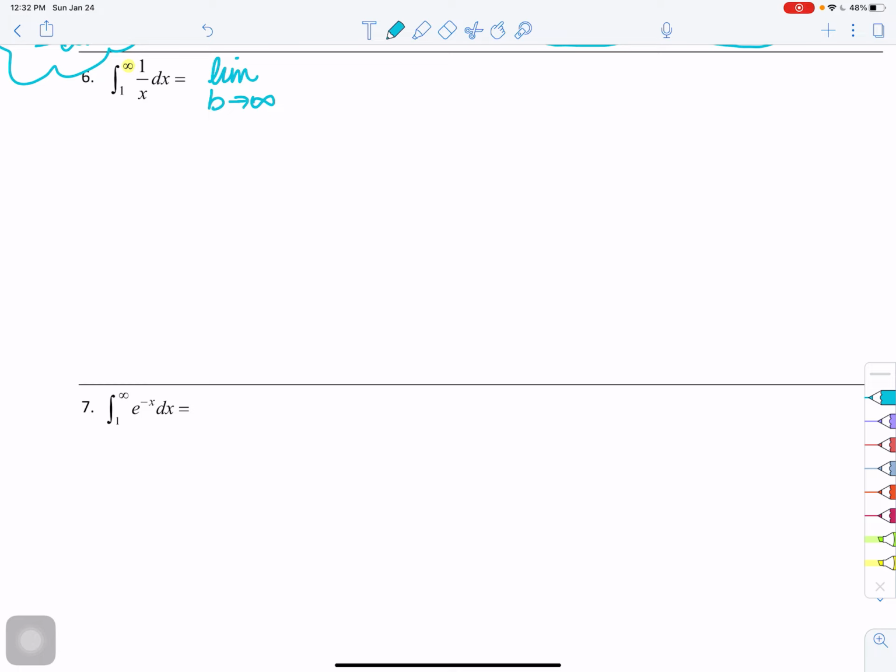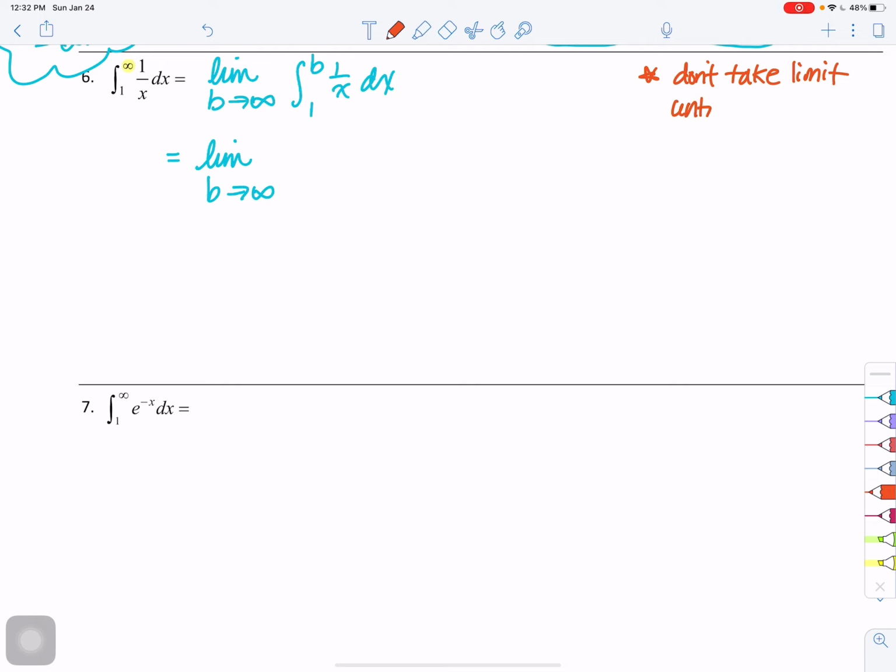And so now we will have the integral from 1 to b of 1 over x dx. And that's equal to the limit, and keep writing the limit until you integrate. So do not take the limit until you integrate. Let's write that down. After integration.